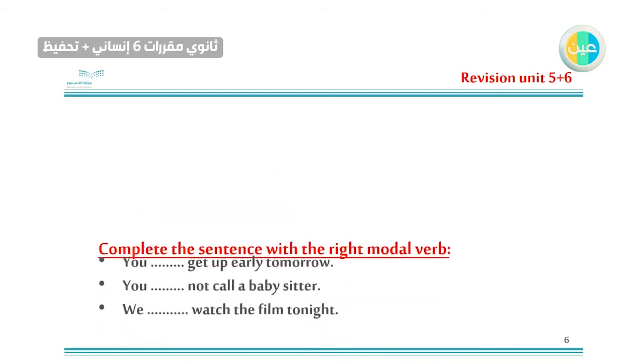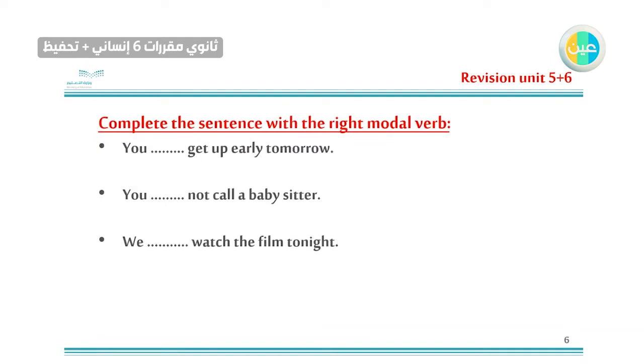Okay, let's do some exercises about the modal verbs. Complete the sentences with the right modal verb. You get up early tomorrow. So, for sure, here we express obligation. You must get up early tomorrow. And as we said, notice that after the modal verb must, we use the verb in the base form, get.